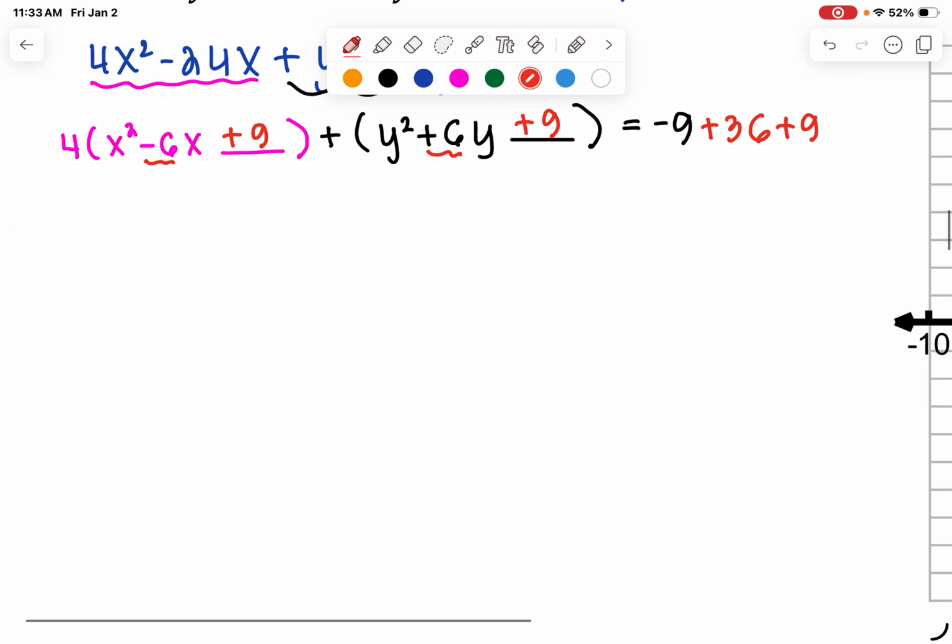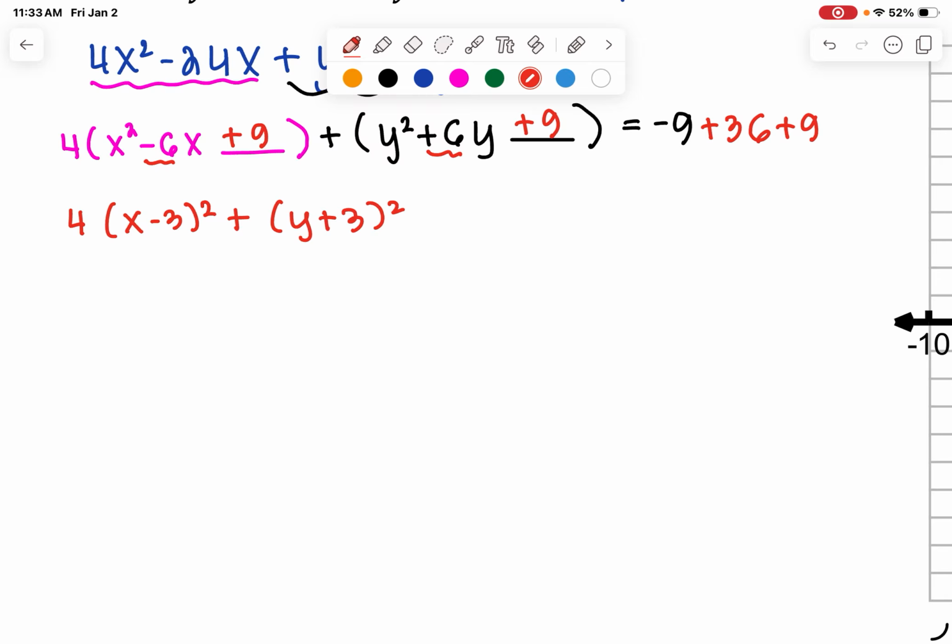Now I'm going to factor. So I have 4 times x minus 3 quantity squared, plus y plus 3 quantity squared, is equal to 36. Now notice I'm at a point where it looks very similar to the circle.